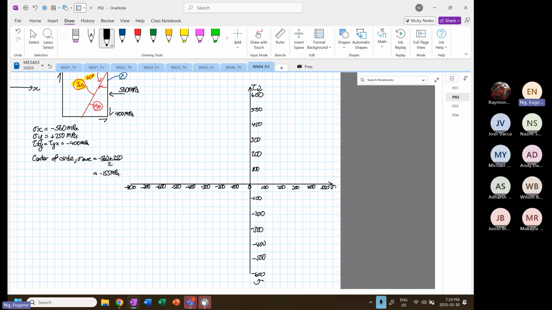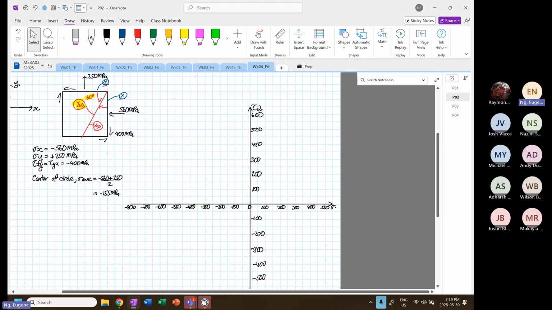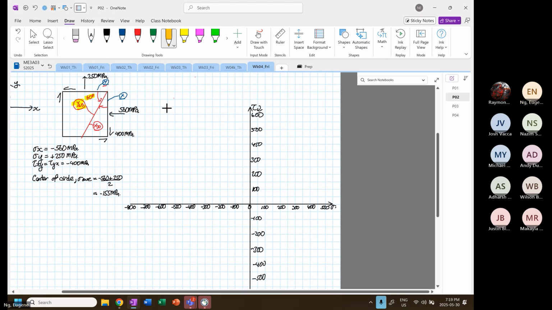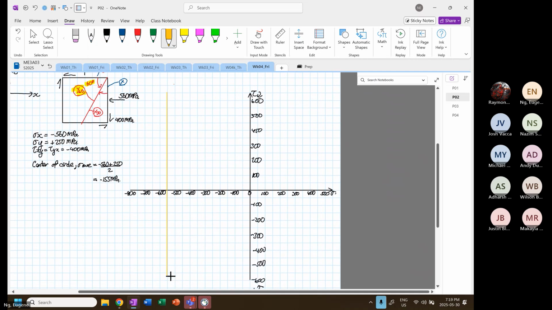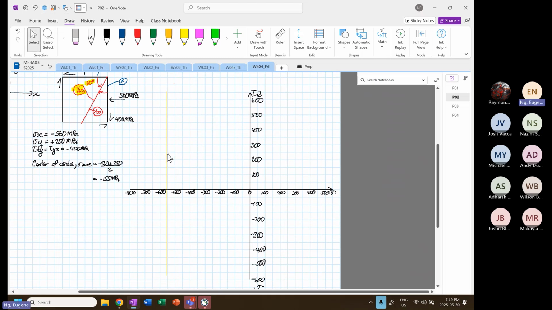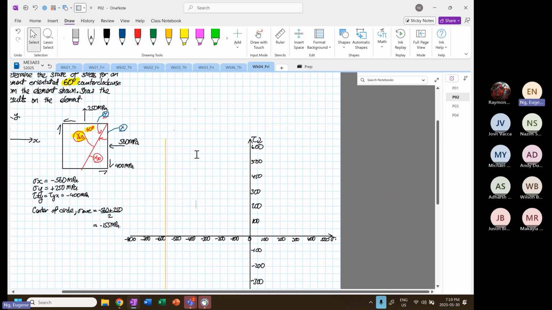Okay, so we're going to find our original element position of point X and point Y first. So we have a negative 560. Negative 560 is going to be somewhere about here. So 560, and then we have a tensile.